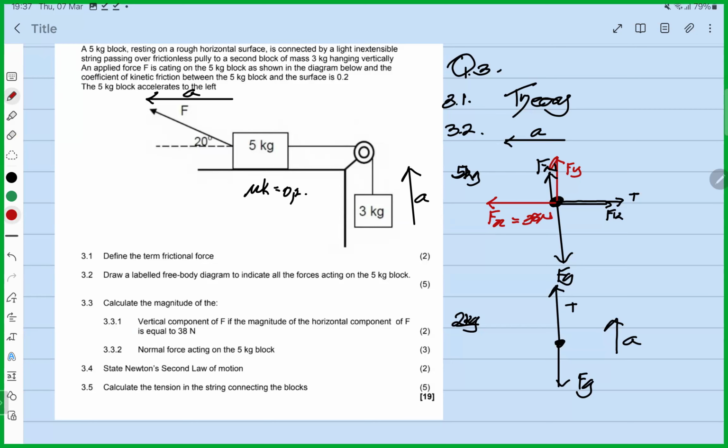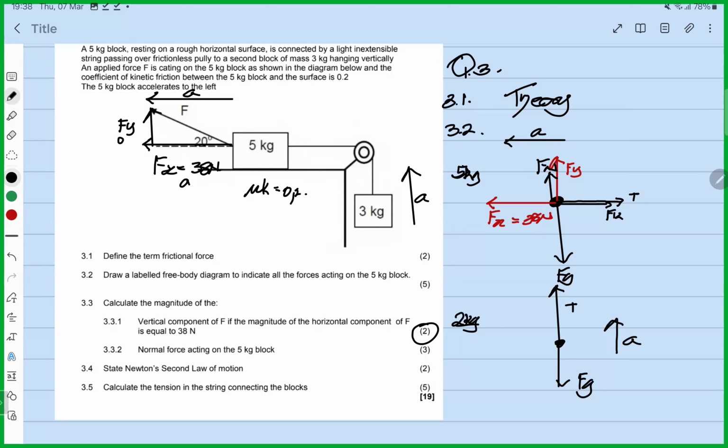I just want to show you on this diagram an easier way to get that vertical component. If you've got this Fx sorted out here, and the examiner gave you that Fx is 38, and they want you to find Fy, you can actually just put Fy here. Just to make your life easy, because they only gave you 2 marks for this, and I'm trying to use the mark scheme for it. To find Fy, Fy is your opposite, Fx is your adjacent.